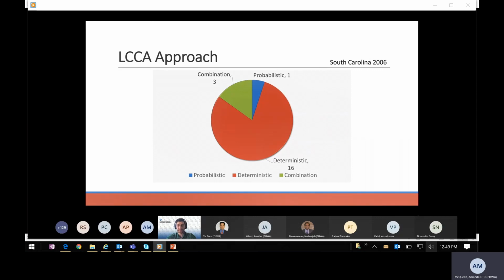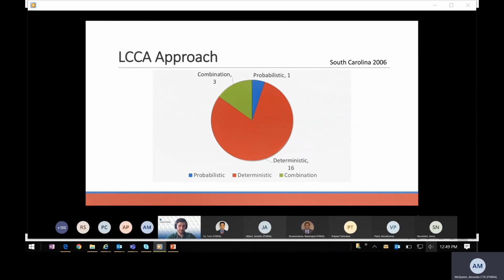Once this is done, these can be compared with projected present values for each alternative and then used as a decision support tool. South Carolina 2006, the vast majority of states indicated that deterministic LCCA approaches were utilized, with notably only one response indicating a fully probabilistic approach, with 3 in combination.